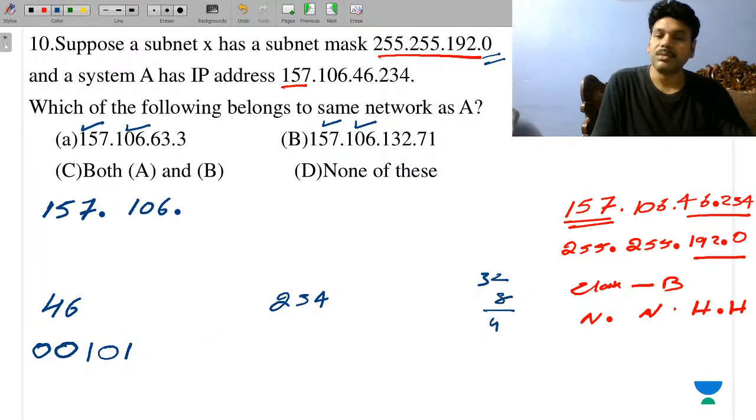It's 40 now. Then 4 we want. Then 2 we want. And the remaining is 0. Now 234 you want, right?